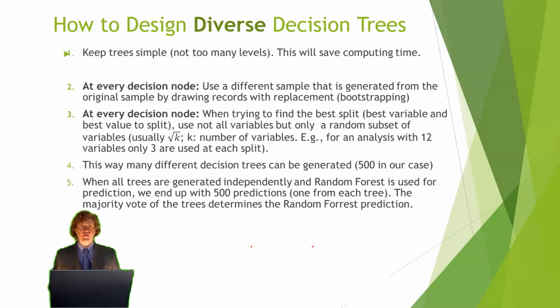Only a subset of variables is considered, and the rule of thumb is to use the square root of the number of variables. So if we have 12 variables, we would use about 3 variables at each decision node as candidates for a split. This way, we generate many different decision trees, again 500 in our case.